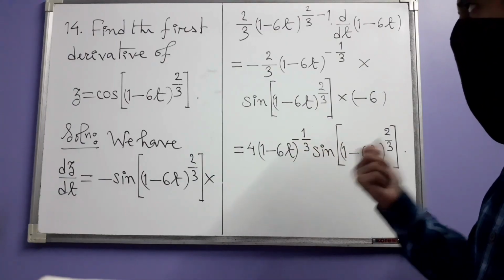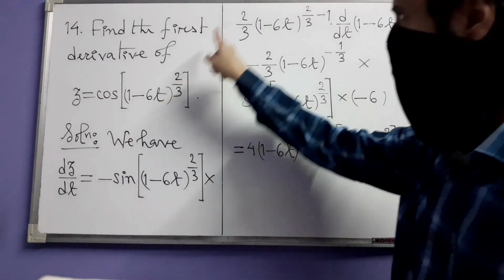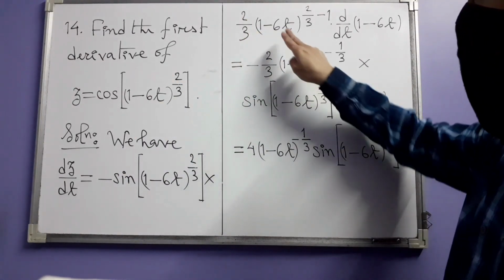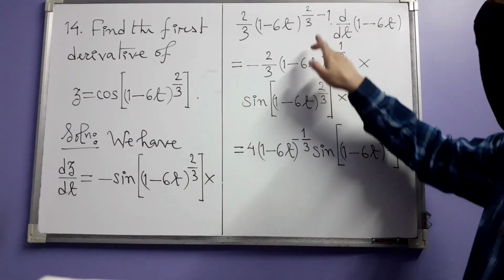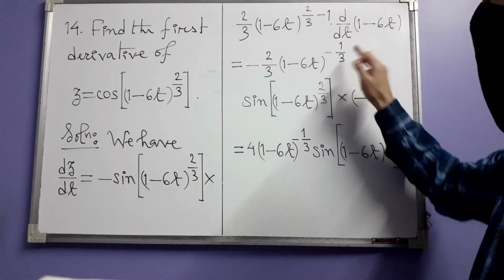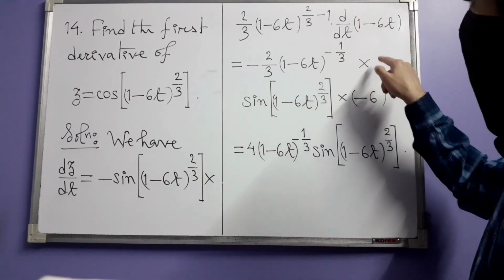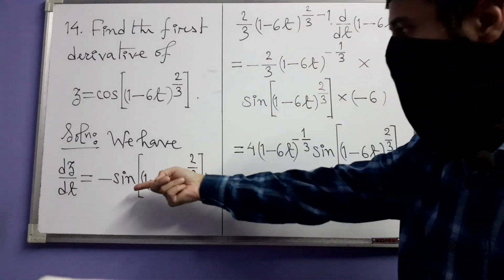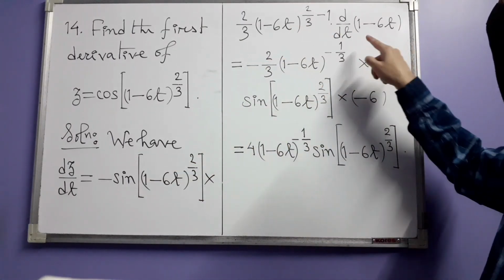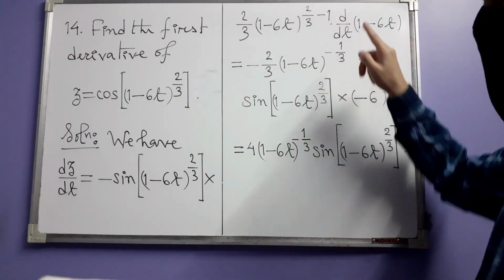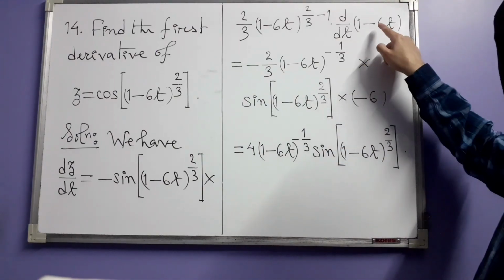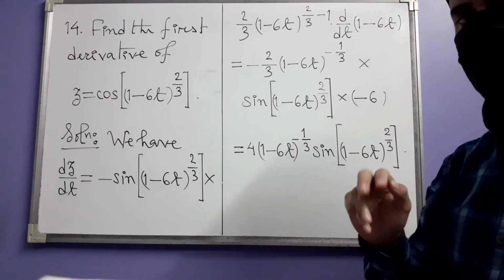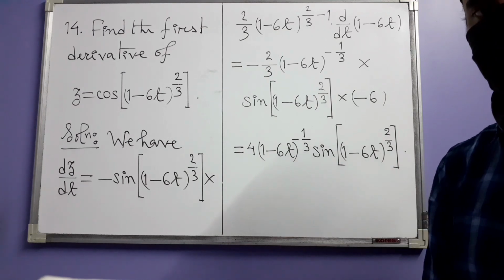Now let's do simplification. Minus 2 divided by 3 times, I have written this first, 2 divided by 3 minus 1 is minus 1 divided by 3, that means this power of (1 − 6t) times sine of this, times what is the derivative of this? 1 contributes 0 and minus 6t gives you minus 6.